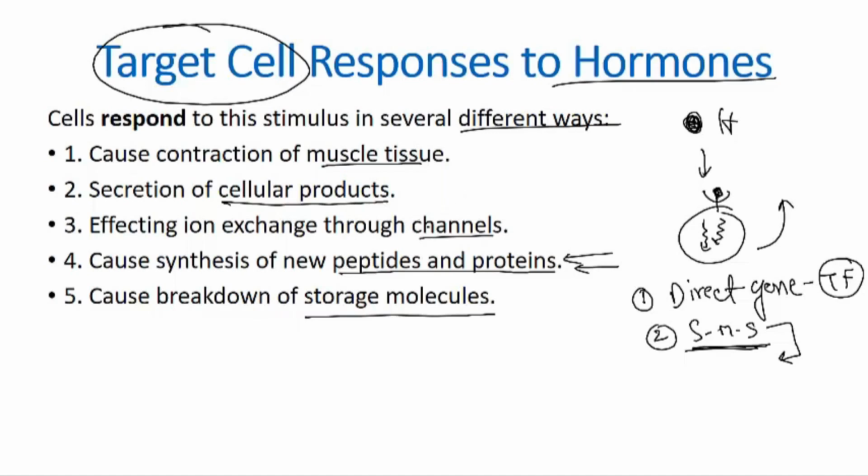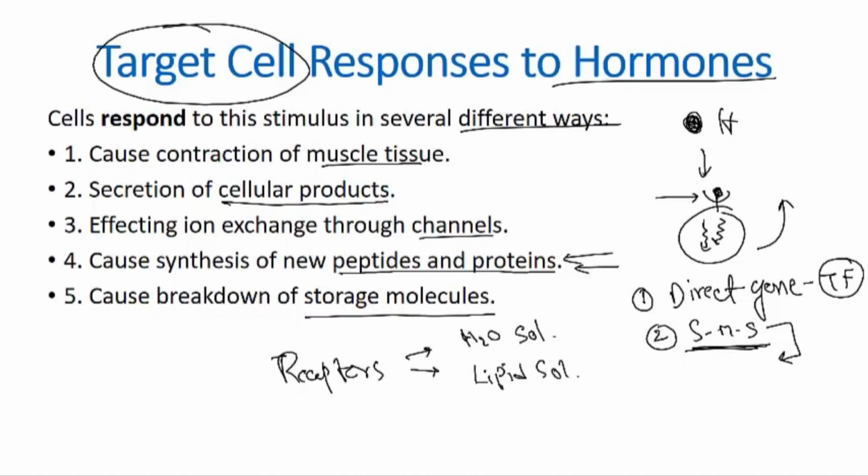Now if we talk about the receptors, because we have to talk about receptors: receptors are complex proteins that only respond to specific hormones. Now there are two types of receptors as well. One is the receptor for water soluble hormones, and another one is for the lipid soluble hormones.